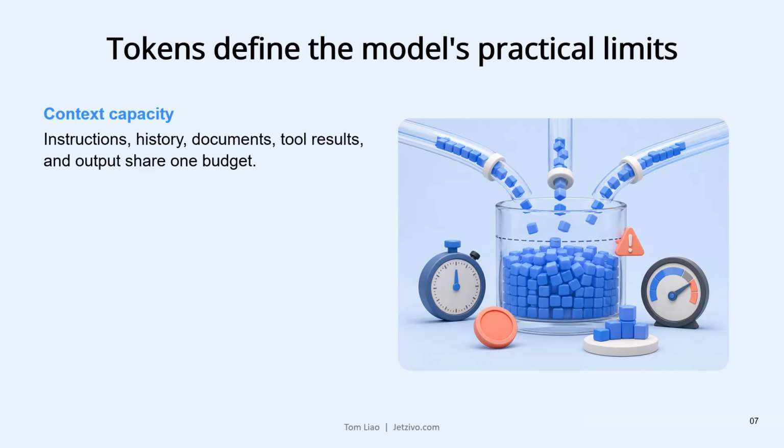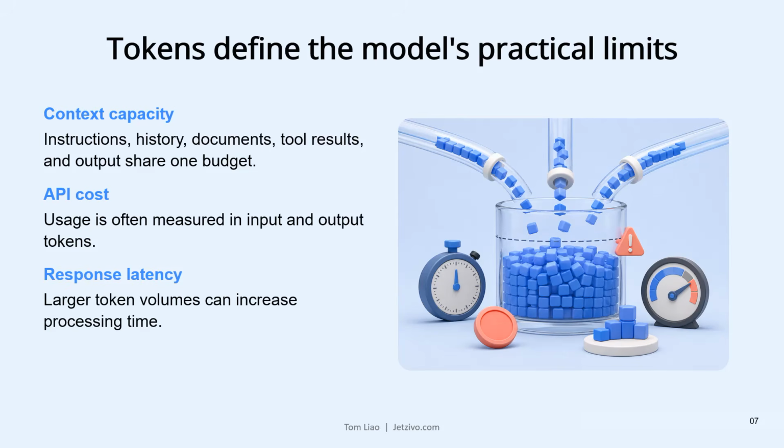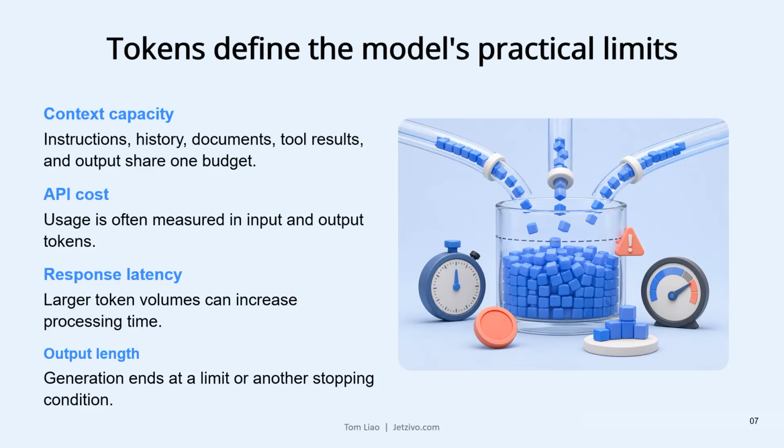If these elements use too many tokens, some content must be removed, summarized, or reorganized. Many AI services also calculate usage and cost based on input and output tokens. Larger token volumes can increase both cost and response latency. This means token count is not just a technical detail. It is a resource that must be managed.